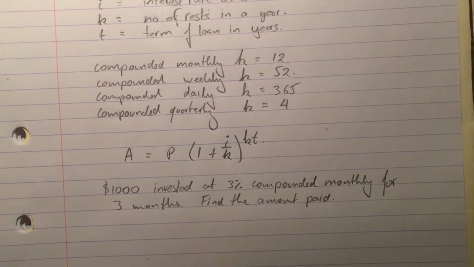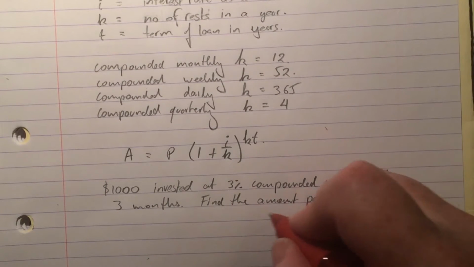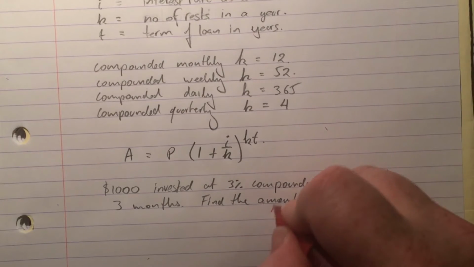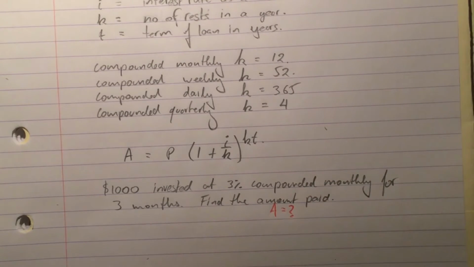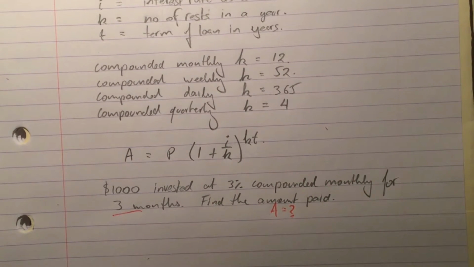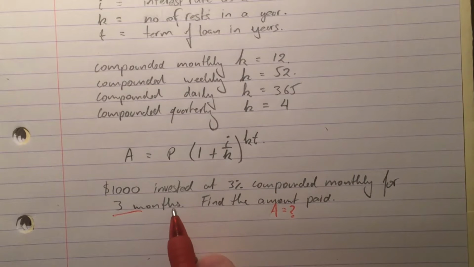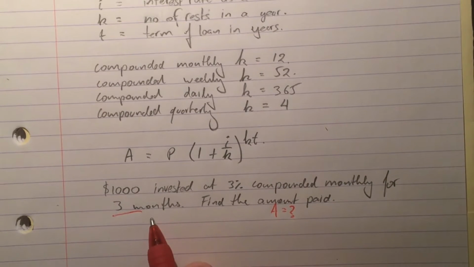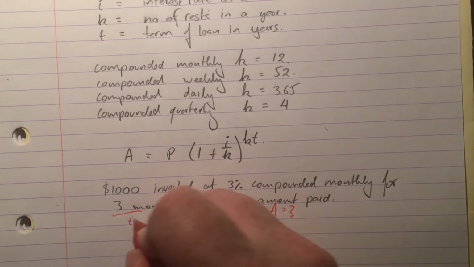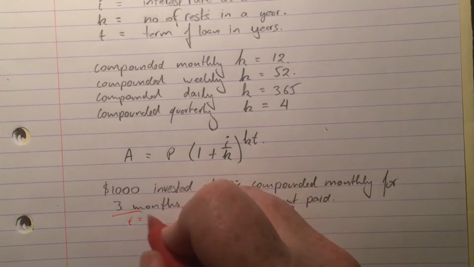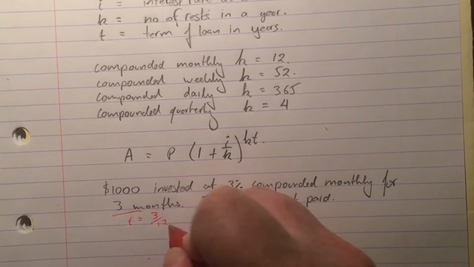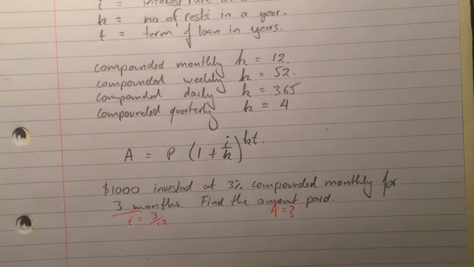So just like with simple interest, we'll highlight the various elements of the question. The question is asking us to find the amount. The term of the investment is 3 months, so T will be equal to 3/12.